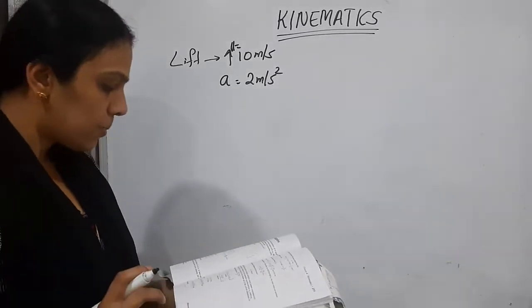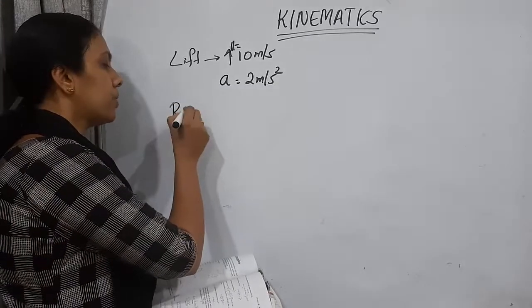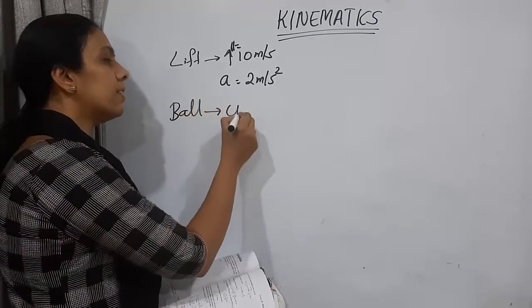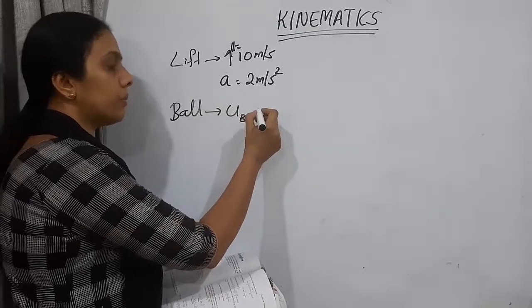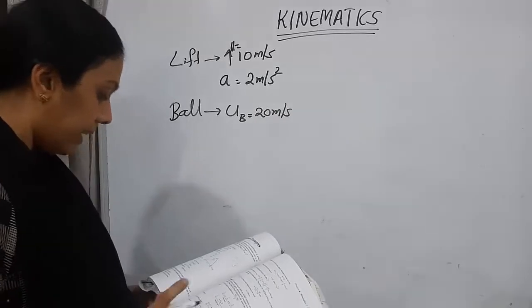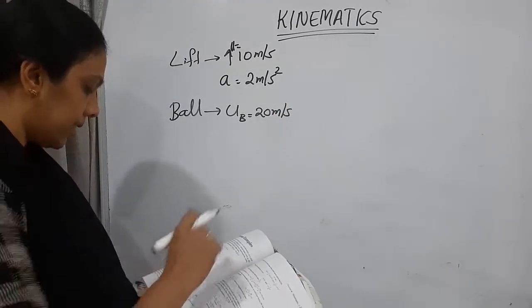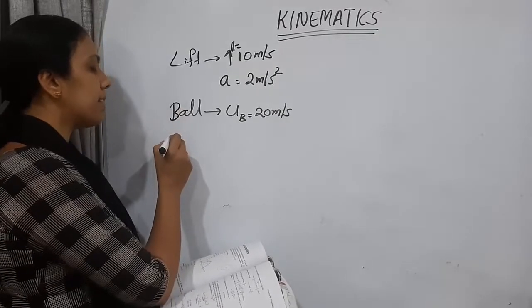Then a ball is projected upward with a velocity of 20 meter per second relative to the ground.